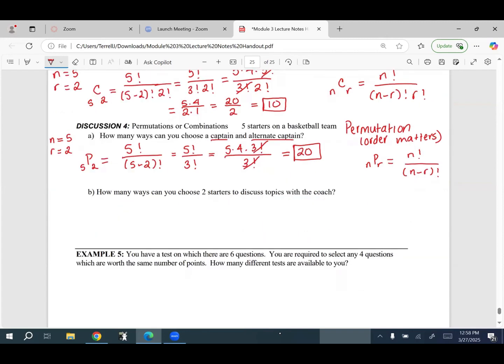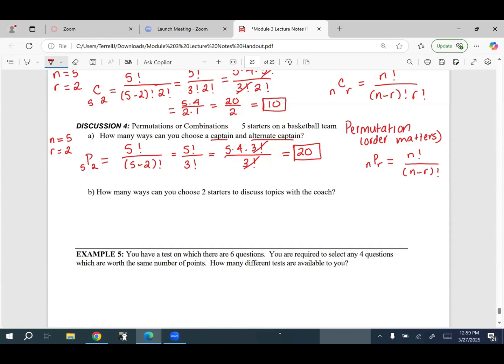For part B, it says, how many ways can you choose 2 starters to discuss topics with the coach? Now, in this instance, remember you have 5 starters, right? And you just want to select 2 of them. I have to determine first, is this a permutation or a combination problem? In this instance, think about it.